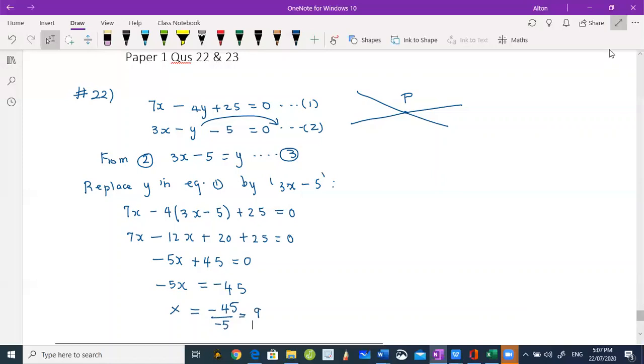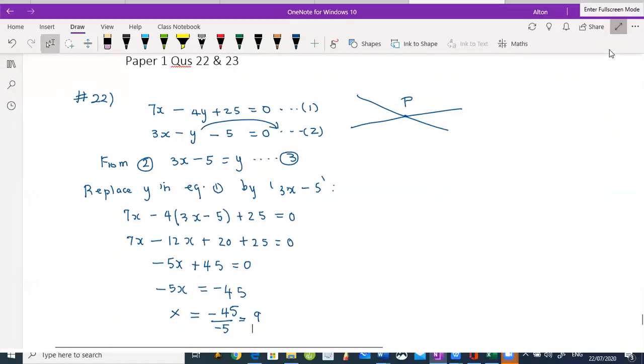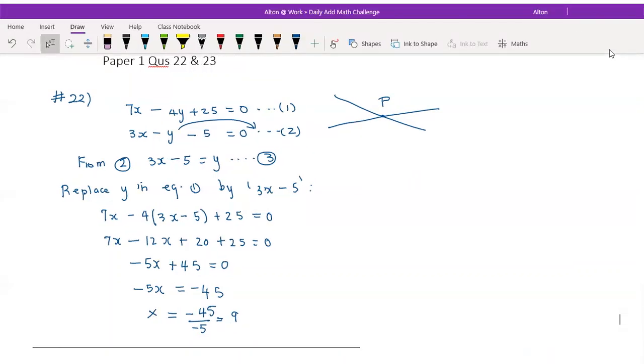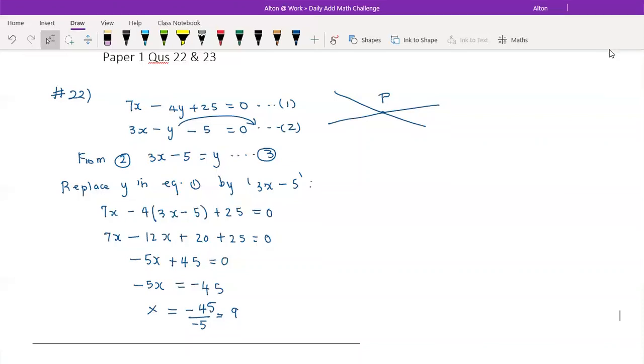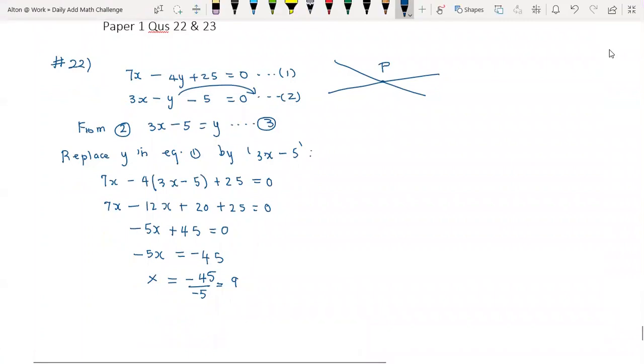So we're going to proceed to solve for y now. Let's go back to equation 3. From equation 3, we already have an expression for y, and we are told that y is equal to 3x minus 5.